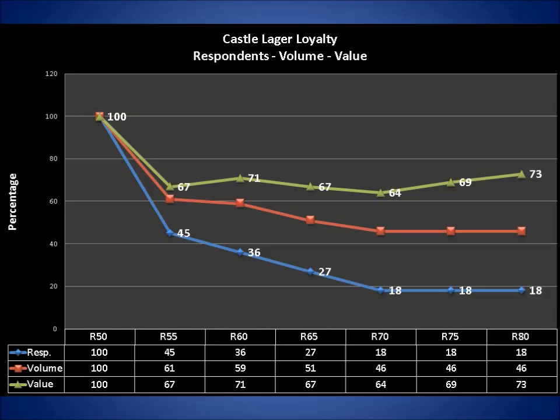An interesting thing here is that the sample was taken towards the end of the rugby season. And Castle Lager was a heavy advertiser throughout the rugby season, and it's presumable that the Castle loyal users are also more rugby fans. They can virtually set their prices at any level after 55 Rand.